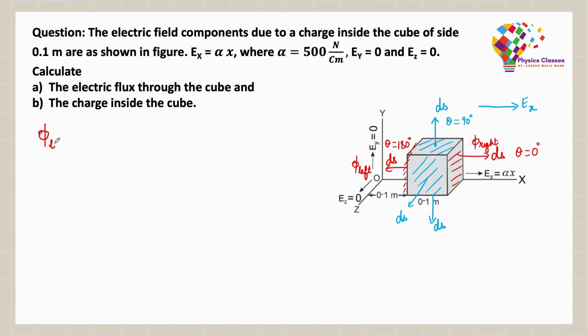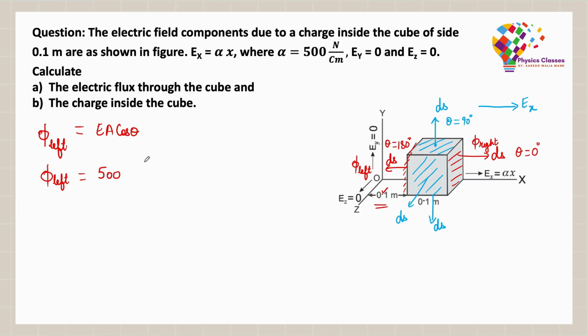Now if I want to write down the electric flux through the left surface, we know that flux can be written as EA cos theta or ES cos theta. You can represent area by ds or dA, that's your choice. If I talk about the flux due to the left surface, the electric field is alpha times x, and alpha is 500. So 500 times x.